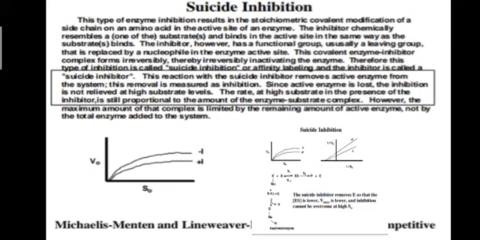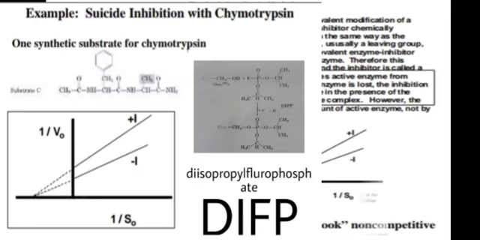So drugs based on this approach can offer the important advantage of few side effects. And the reaction of chymotrypsin with diisopropyl fluorophosphate, DIFP, irreversibly inhibits the enzyme, and this has led to the conclusion that serine 195 is the key active site serine residue in chymotrypsin.